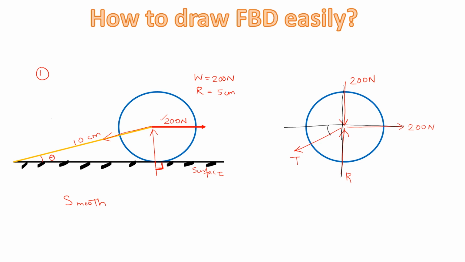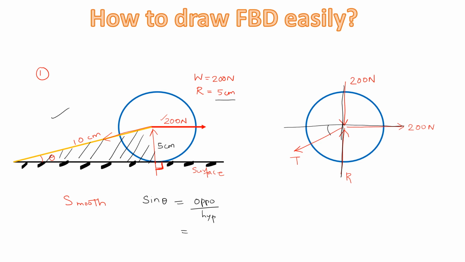So consider this figure once again. We can see theta here, and this length is 10 centimeter, and we have one more piece of data, that is the radius, which is 5 centimeter. If we consider this shaded triangle, we can take sine theta, which is equal to opposite side by hypotenuse.